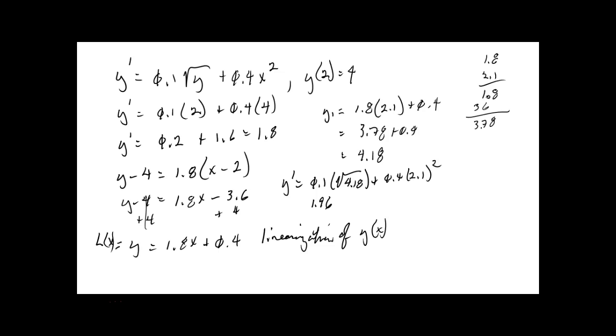So what you would do then is, since this is the new slope, and these are your values, 2.1 and 4.18, the xy values, you go back and use your point slope formula, and this time it is y minus 4.18 is equal to 1.96 times x minus 2.1. And figure out what the new y-intercept is. It won't be 0.4 again, it'll be something different.